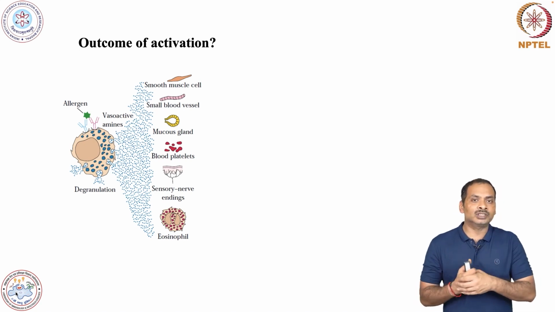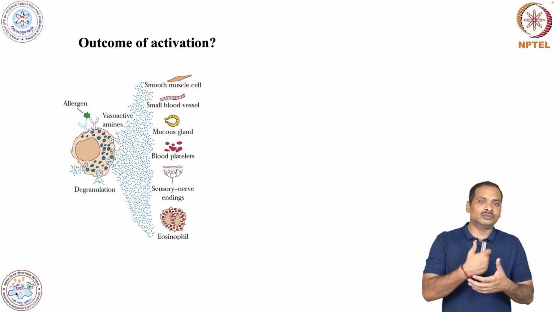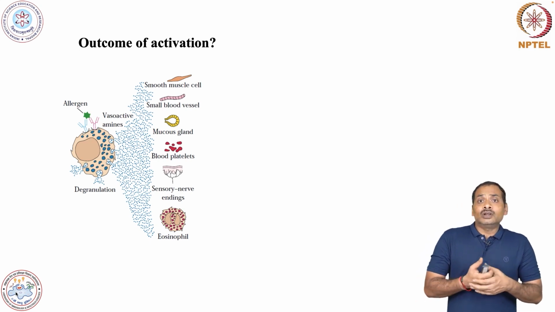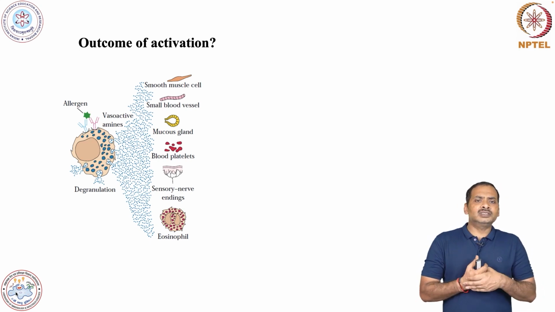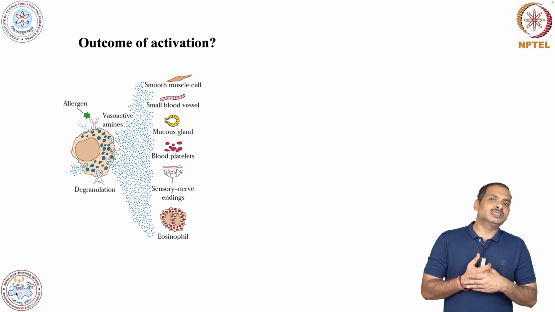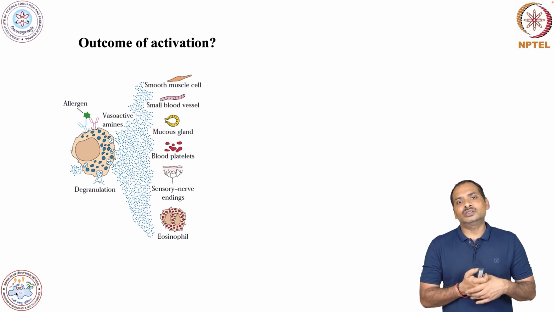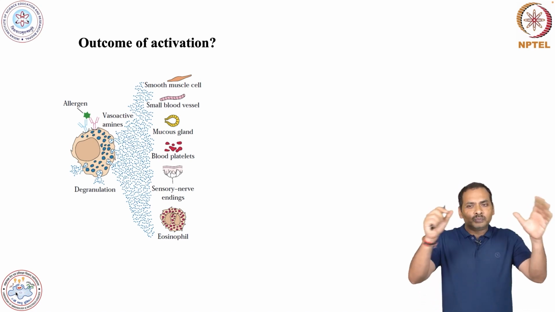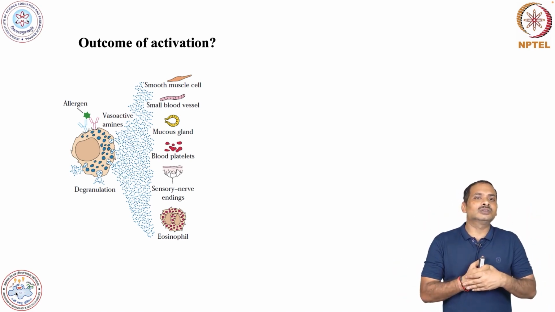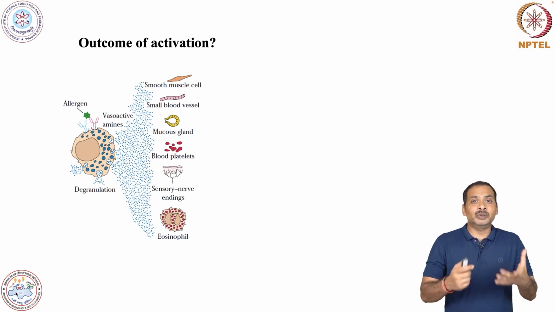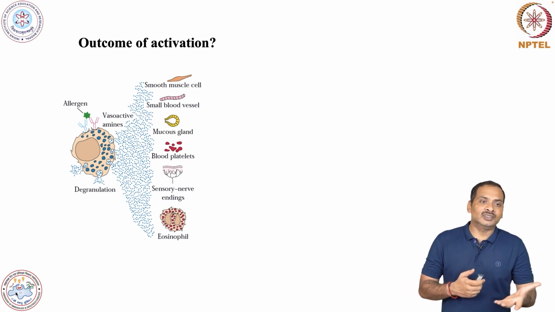That's why there is watering from the eyes or nose. It also acts on sensory nerves, so you feel very irritated, and it can also act on eosinophils. So all these things result in various degrees of complication, depending on the amount of allergy.